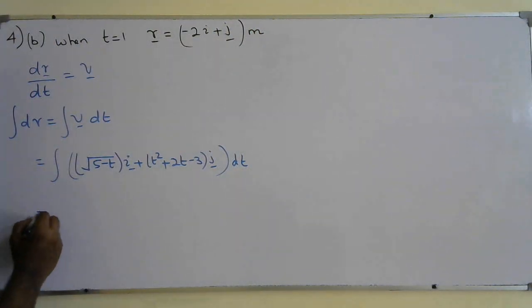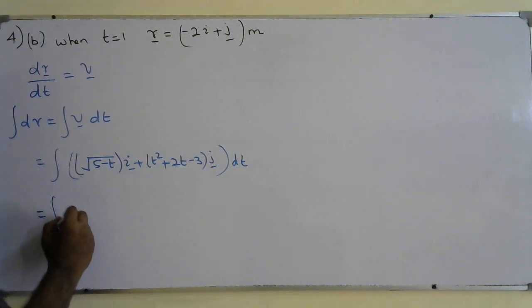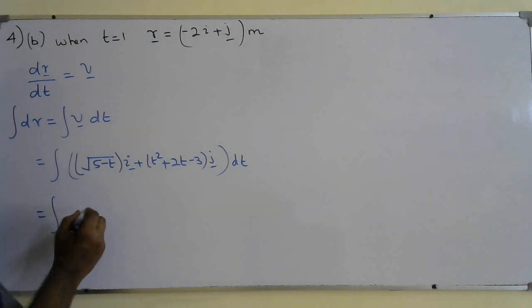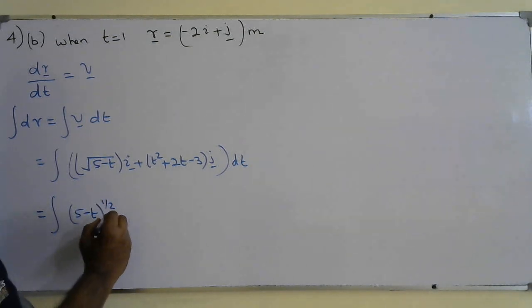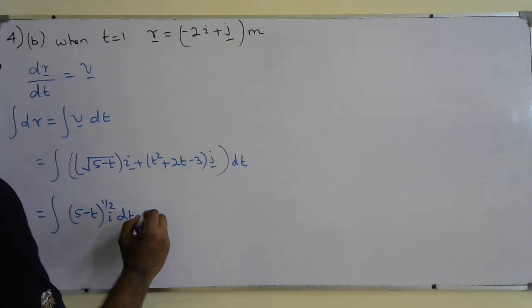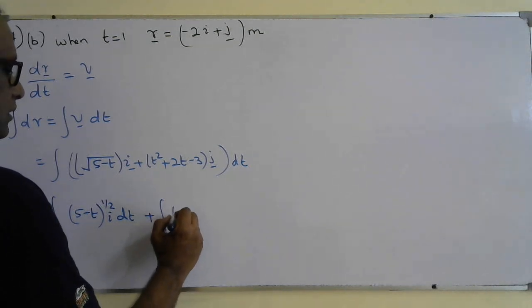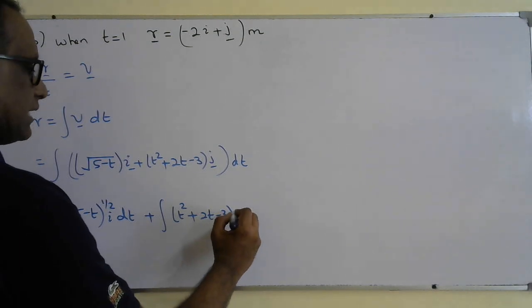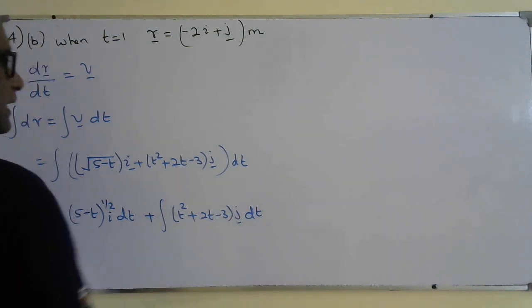That could be written as the integral of 5 minus t to the power of half i dt, plus the integral of t squared plus 2t minus 3 j dt.